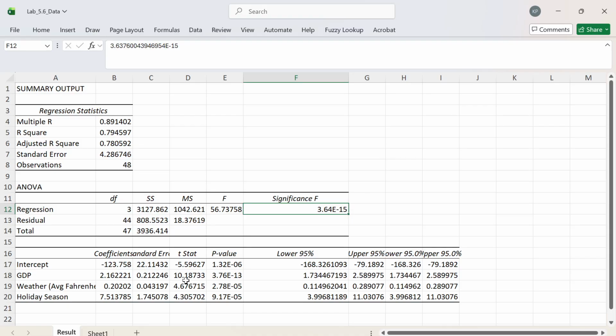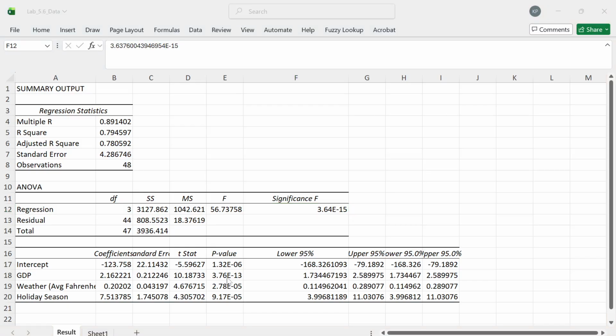The next thing is very important: checking whether GDP, weather and holiday season are good variables or not. R square and adjusted R square are for understanding whether the model is good or bad and how to interpret the model, but GDP, weather and holiday season are indicators we need to check for good variables or bad variables.